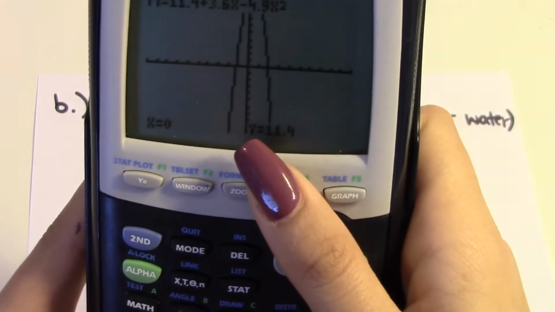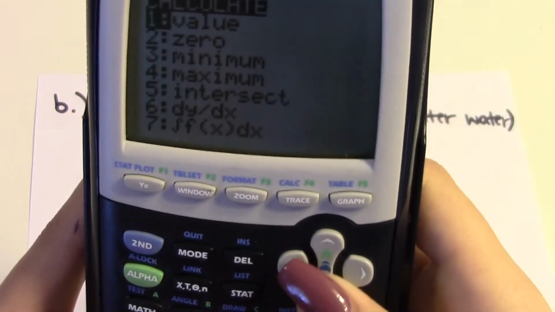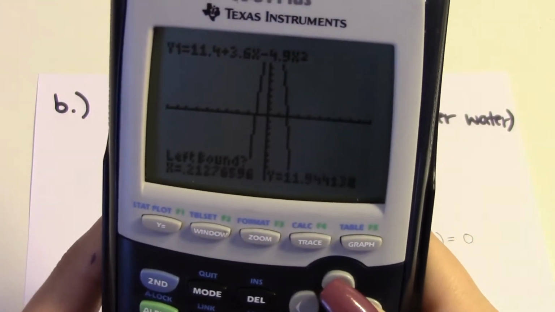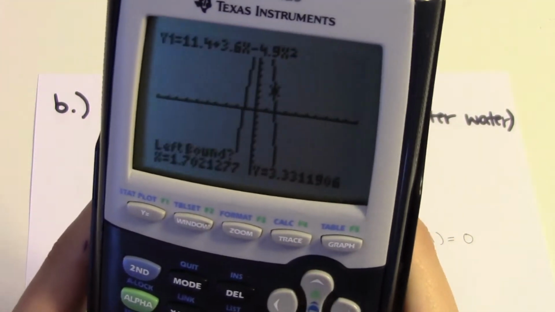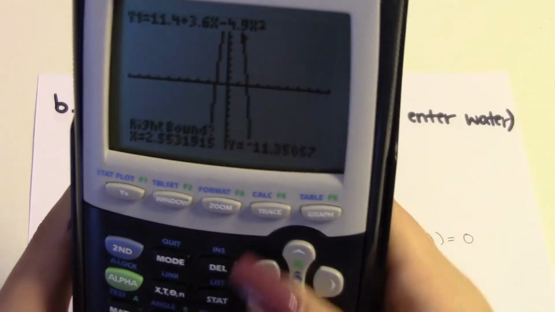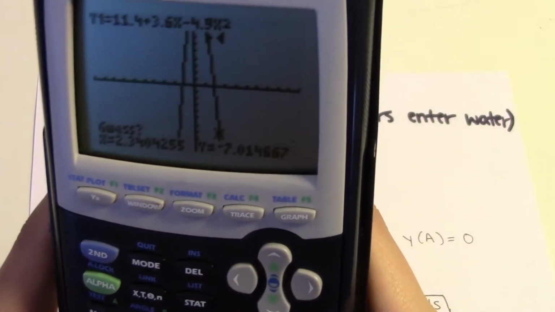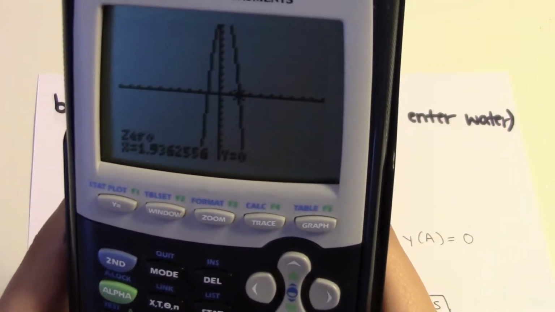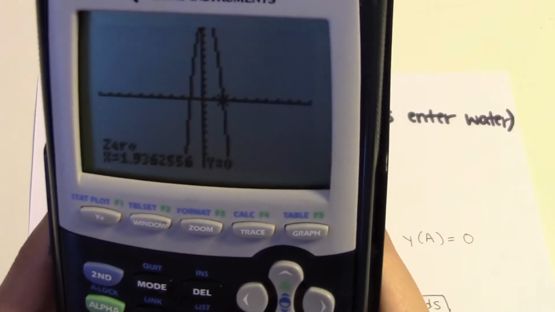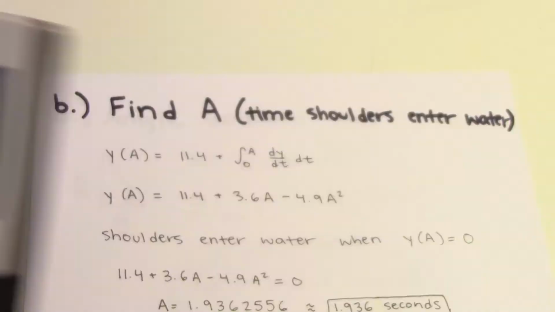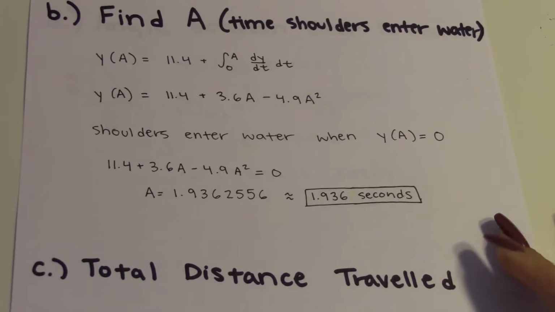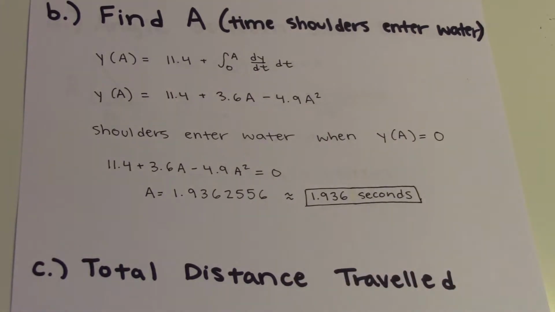So second calc, zero, enter for that lower bound, and then enter for the upper bound. And we get that x is equal to 1.936255. And so we're just going to cut that off at 3 decimal places, and that's 1.936 seconds. And that's going to be useful for other problems.